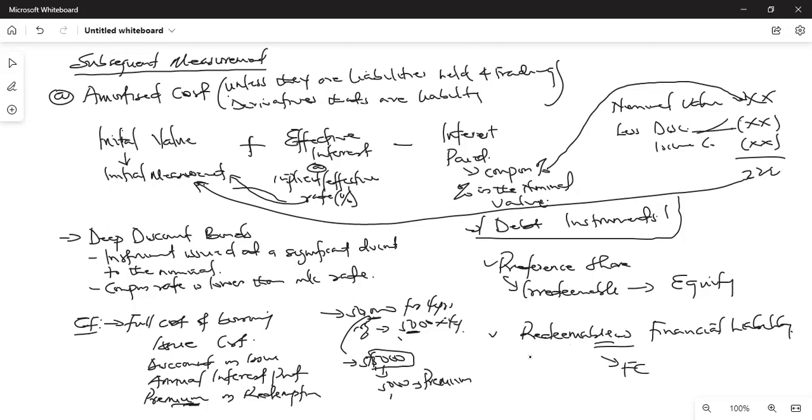You always see it, interest paid and all those things. So take note of that. If it is equity, the dividend goes directly into the statement of changes in equity. But if it is redeemable, we are talking about finance cost.